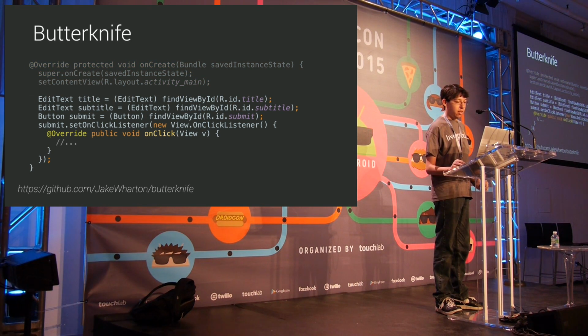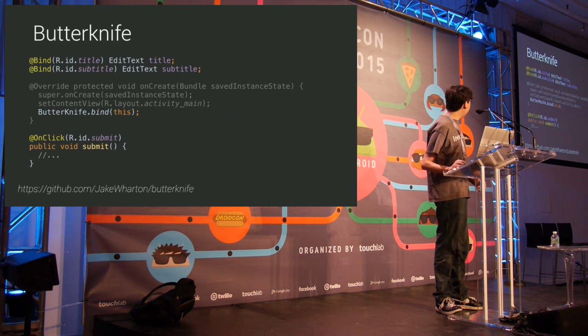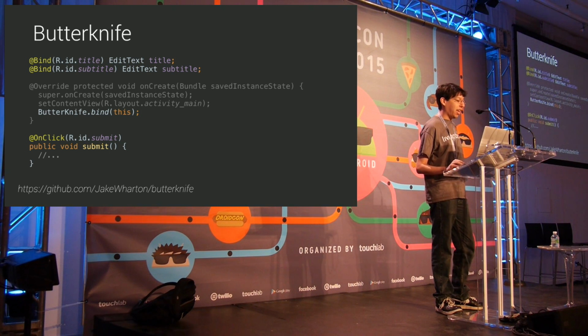With Butterknife, you can just annotate the fields and then call Butterknife.bind, and it will do the code generation to handle that findViewById nonsense for you.